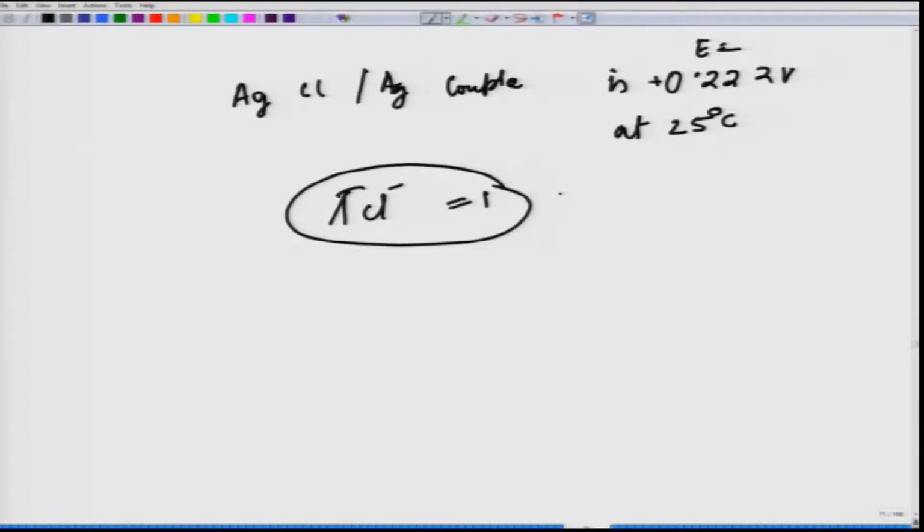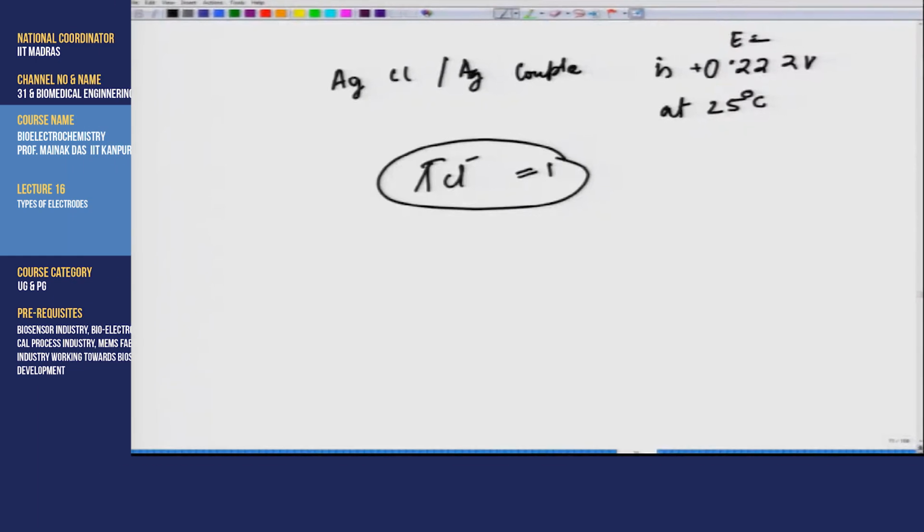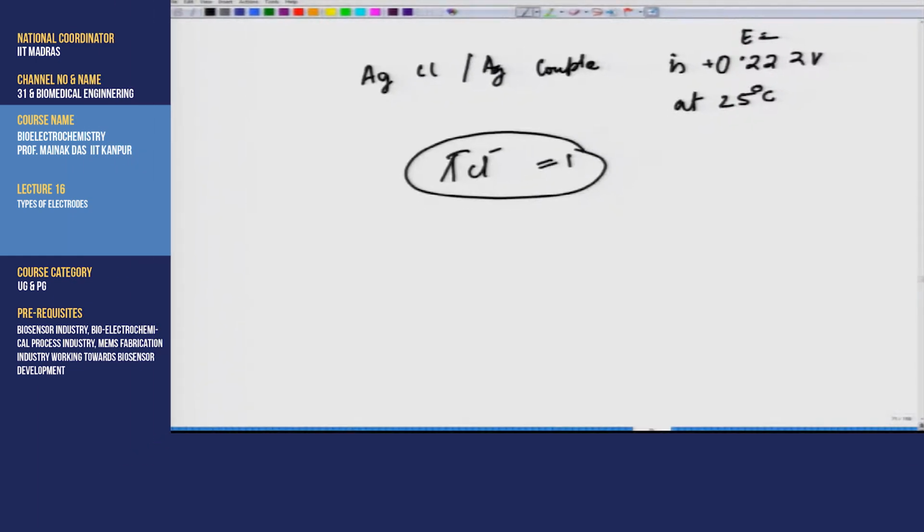Okay. This part is very important, but the activity of chloride in a saturated solution of KCl at 25 degrees centigrade is not unity, and the potential of the electrode is 0.197 volt with respect to the SHE or standard hydrogen electrode at 25 degrees centigrade.